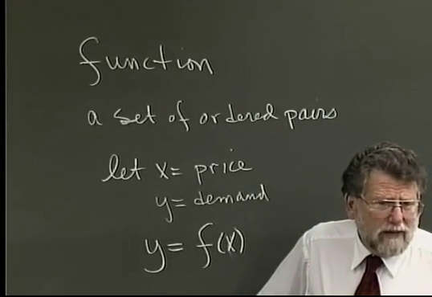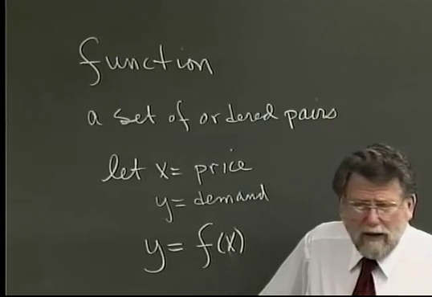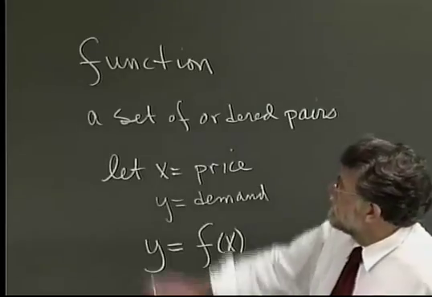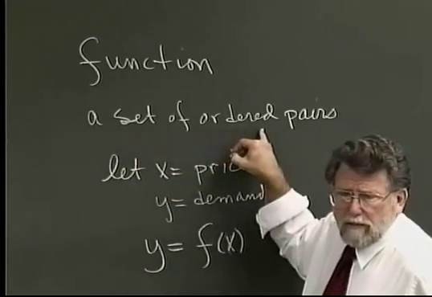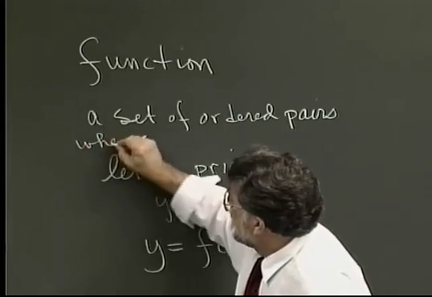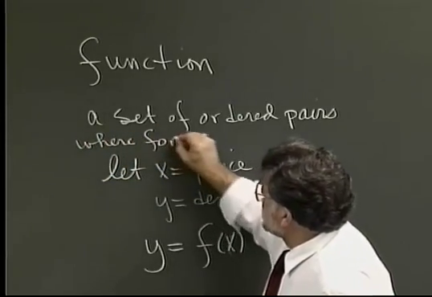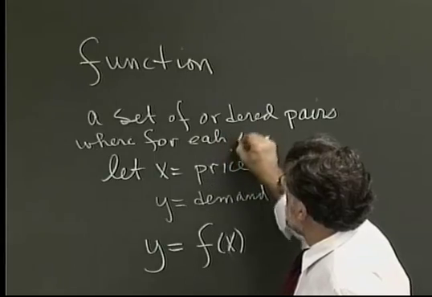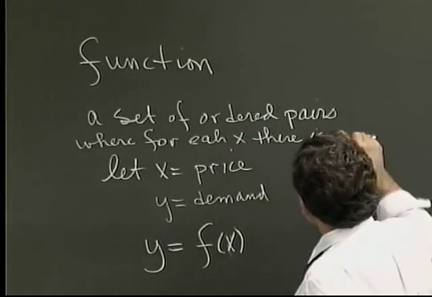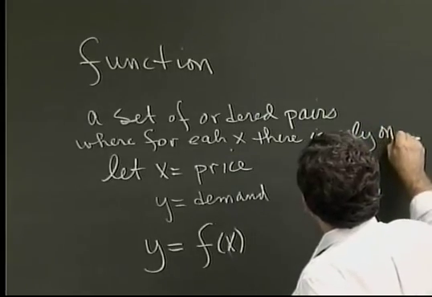It says you have a set of ordered pairs, and there is a rather important caveat to this phrase: a set of ordered pairs where for each x there is only one y.